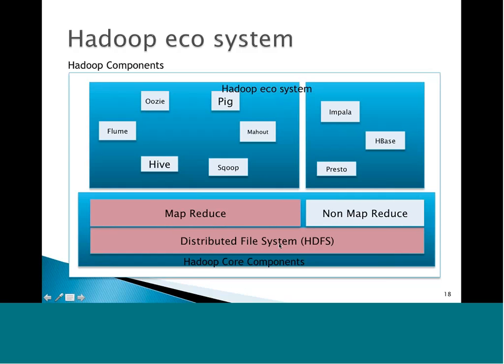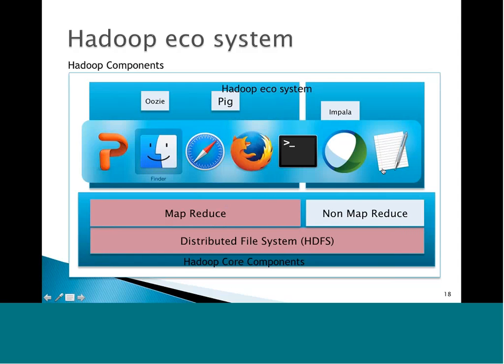It's just a file system. To process the data, you have to choose either MapReduce-based solutions or non-MapReduce based solutions. As part of MapReduce-based solutions, you have these many on top of MapReduce, and you can use MapReduce itself to process the data. As part of non-MapReduce, you have these services, and there are some additional services as well. And you can get the list of all the services here.